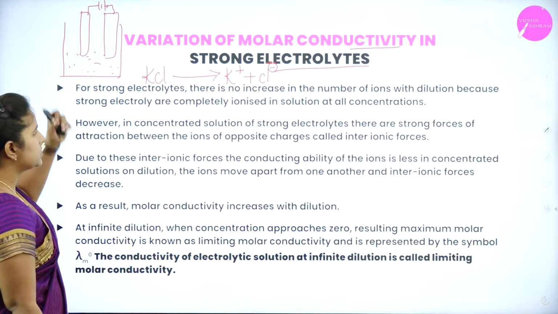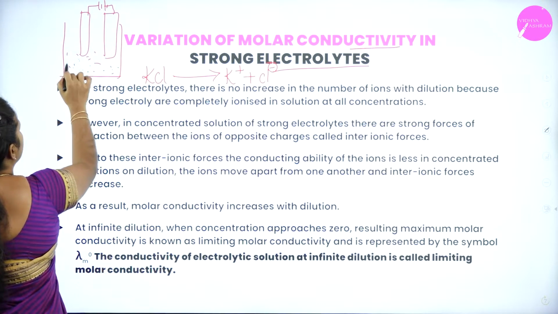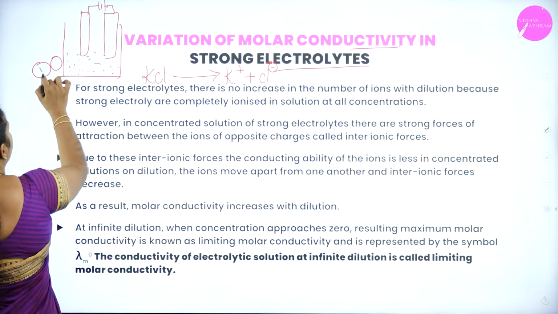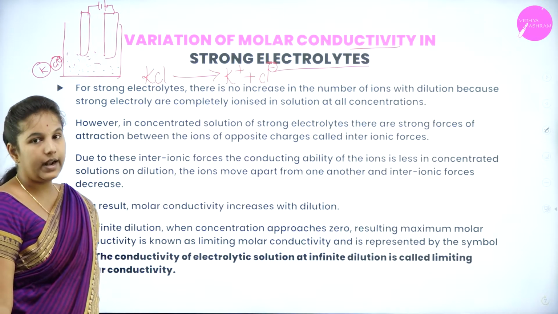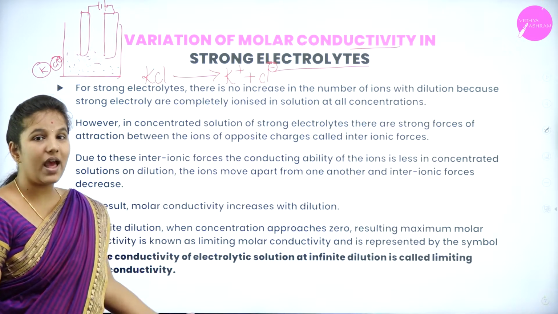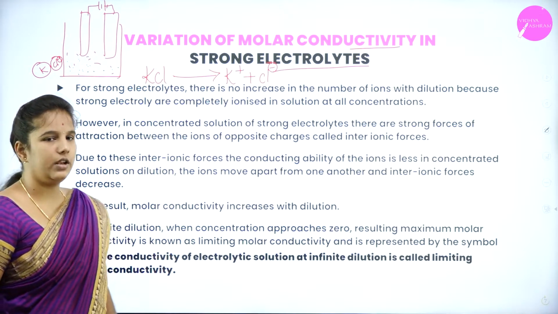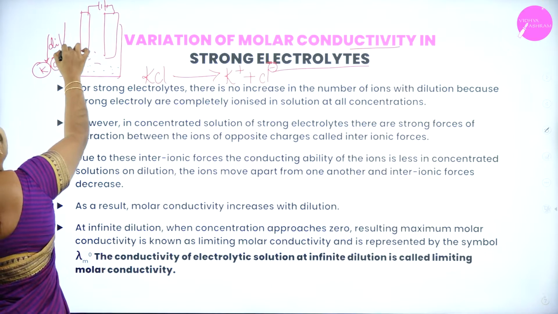If you consider the strong electrolyte, we know that the interactions between the positive and the negative ions will be more, right? The interactions between the ions are more. Suppose you dilute the solution, what will happen?